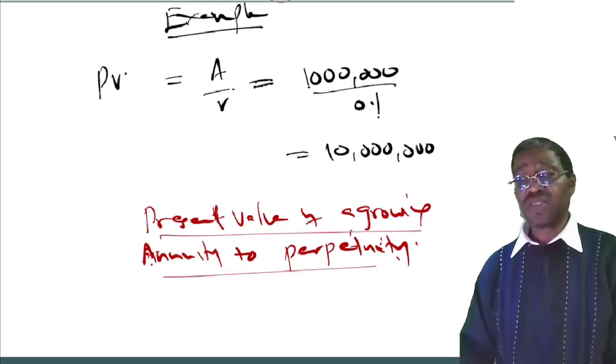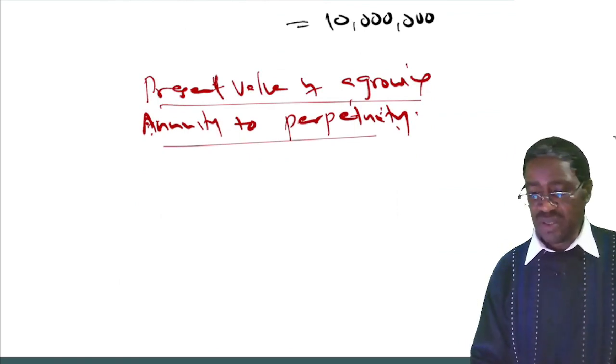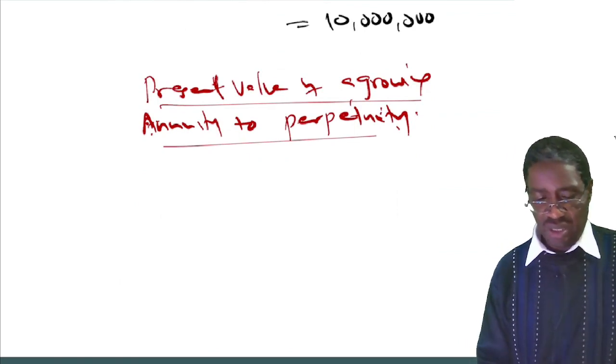How do we get the present value? Put down the formula, it's not a long one.